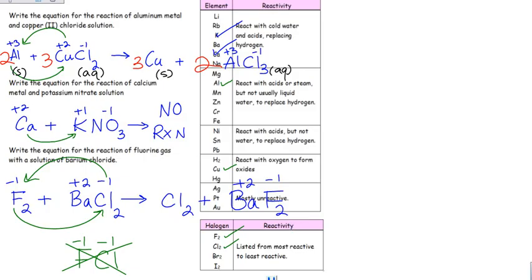Excellent. And last thing I would do is put in my phases. Fluorine gas reacting with an aqueous solution of barium chloride. Chlorine is also a gas, a yellowy toxic gas. Barium fluoride is an aqueous solution.